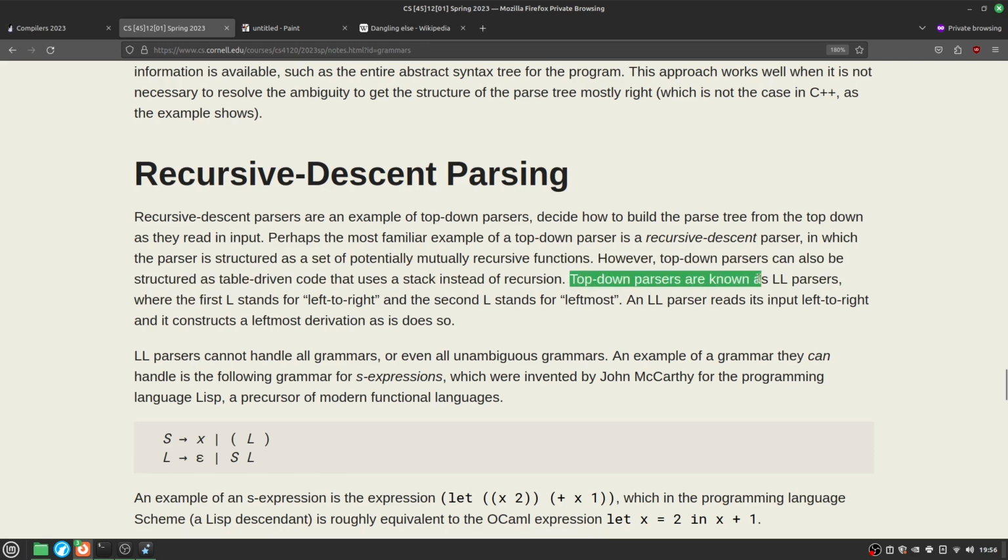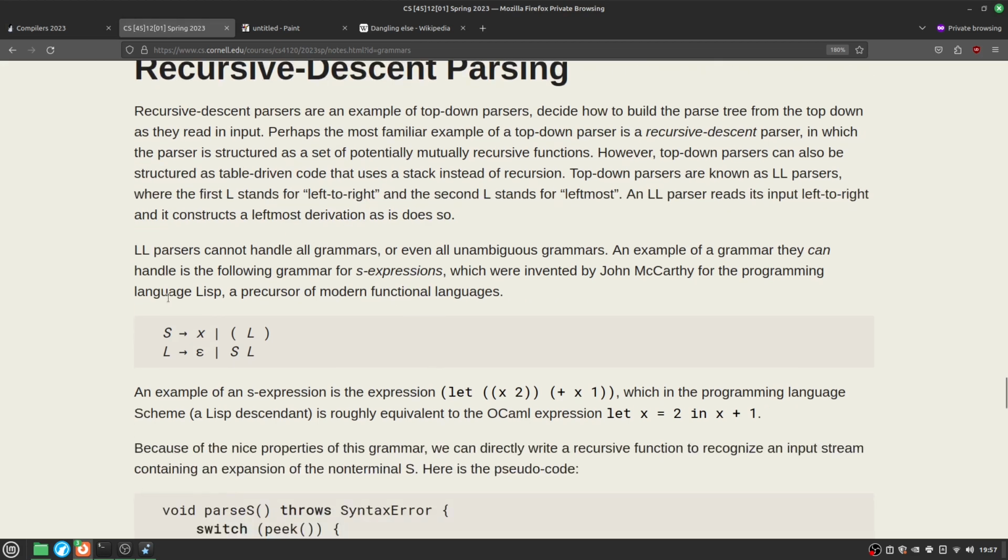Top-down parsers are known as LL parsers, where the first L stands for left to right, and the second L stands for leftmost. An LL parser reads its input left to right and constructs a leftmost derivation as it does so. LL parsers cannot handle all grammars, or even all unambiguous grammars.